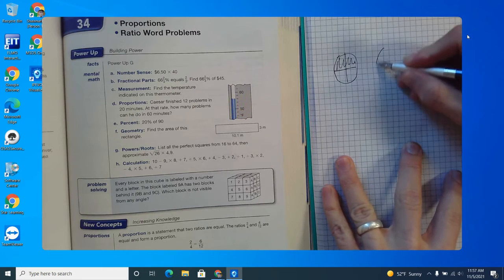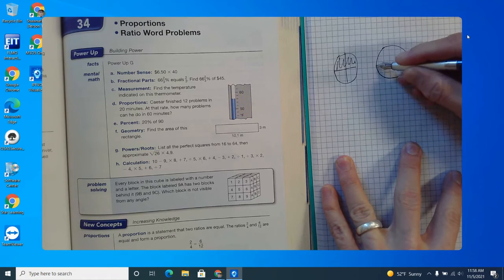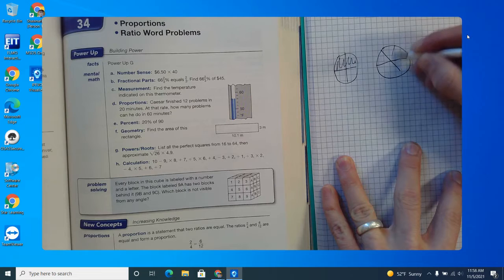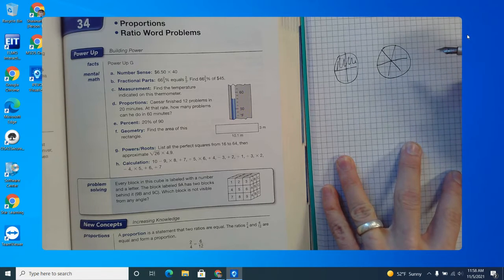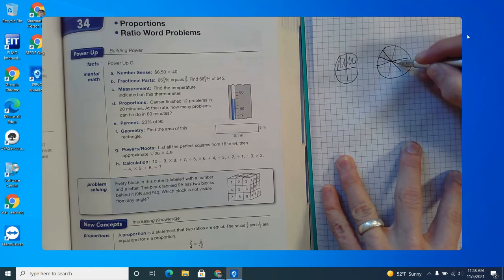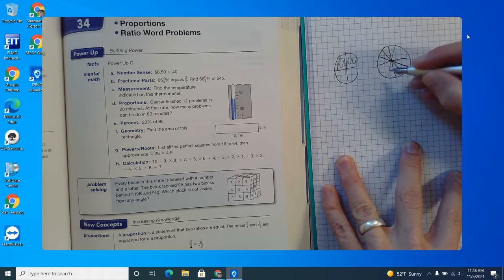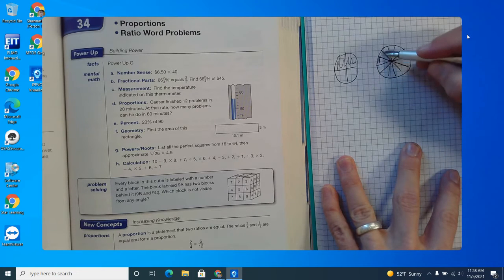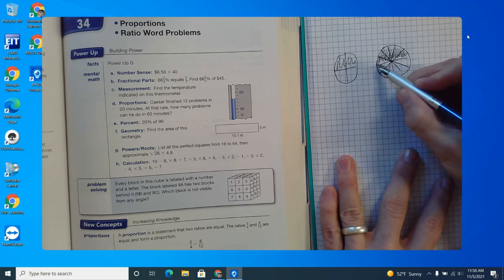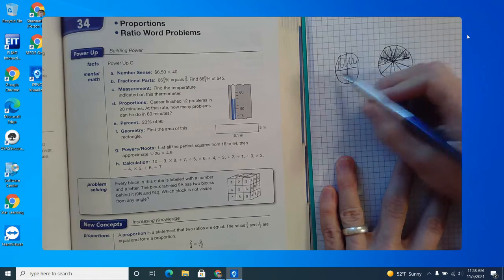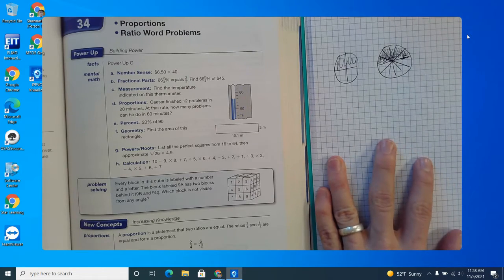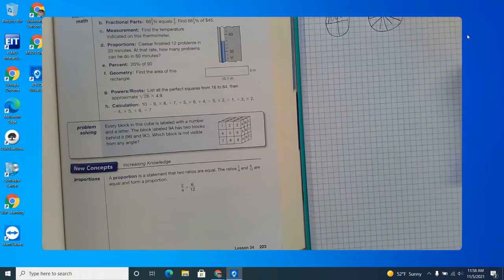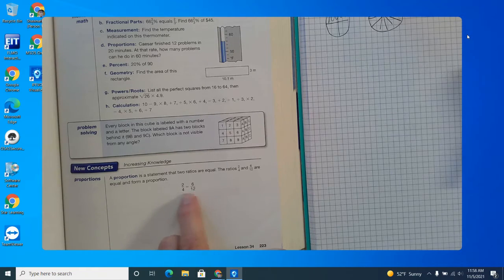If I look at another circle, that's 3/6, and then cut in half, now that's twelfths. 6/12 is the same, right? Either way, they are half of this circle. So they are proportional. These fractions are identical.